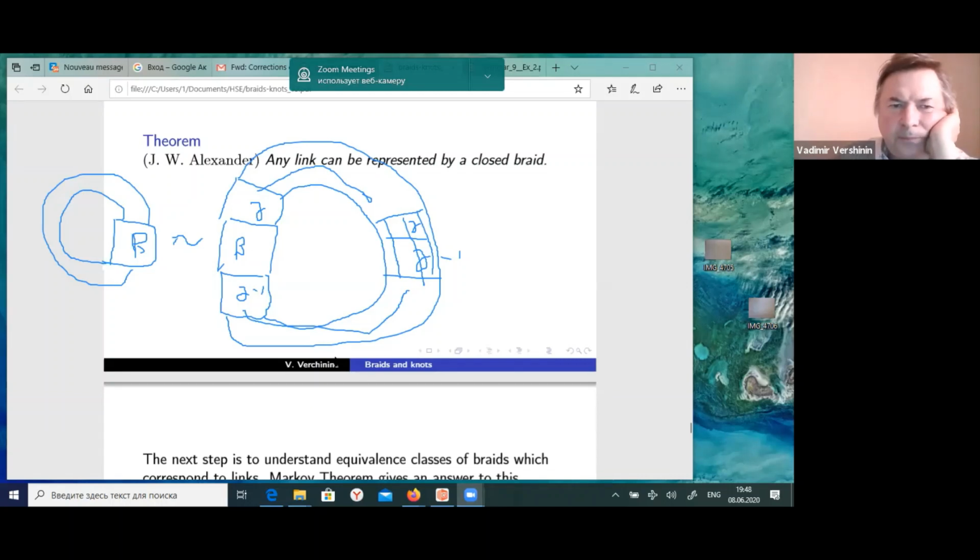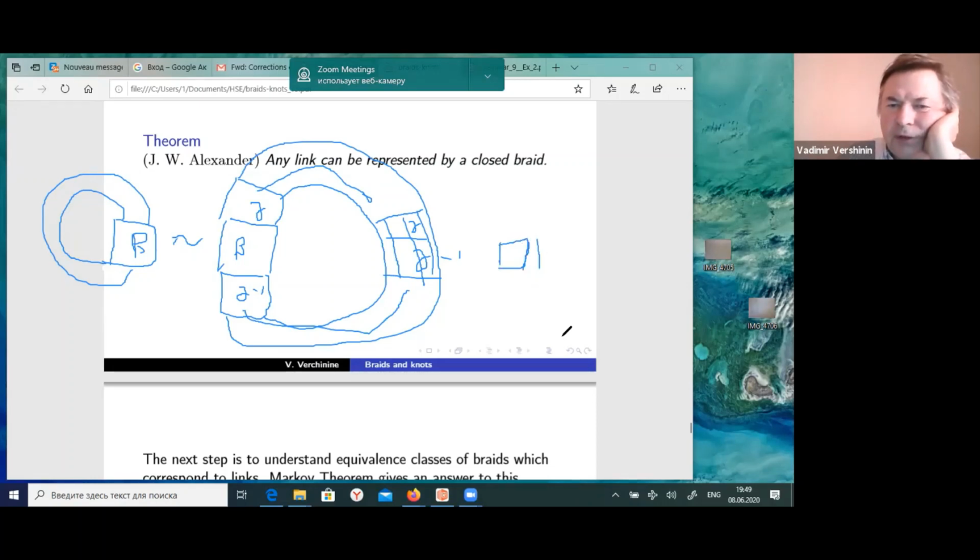What will happen? You have beta, and then I try to make a picture. You have beta. You map this beta to n plus 1.